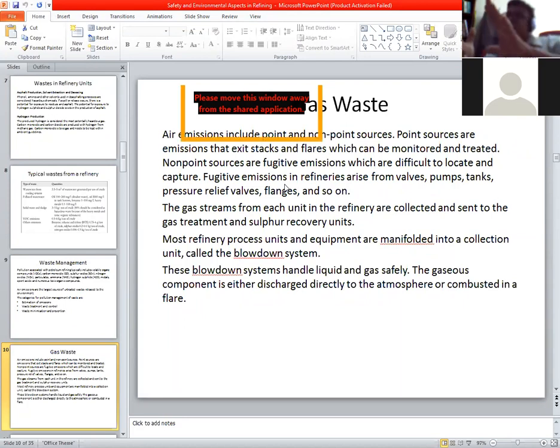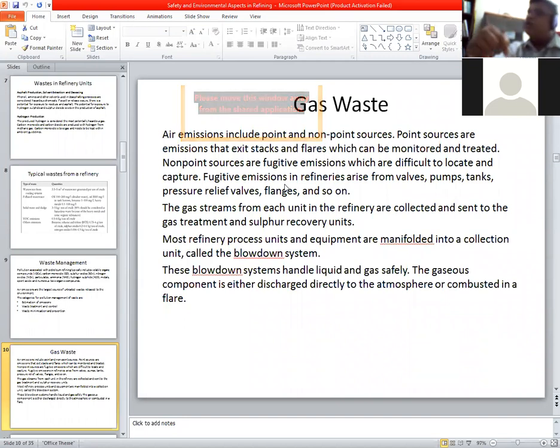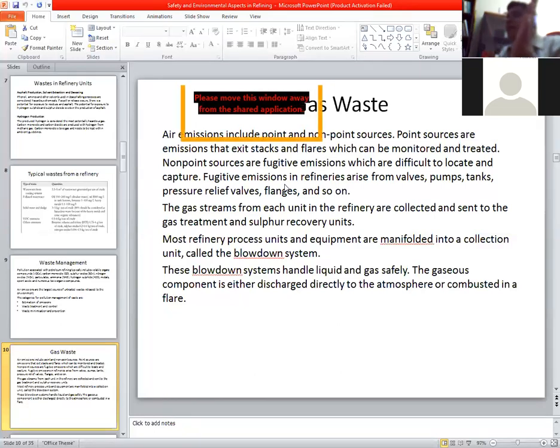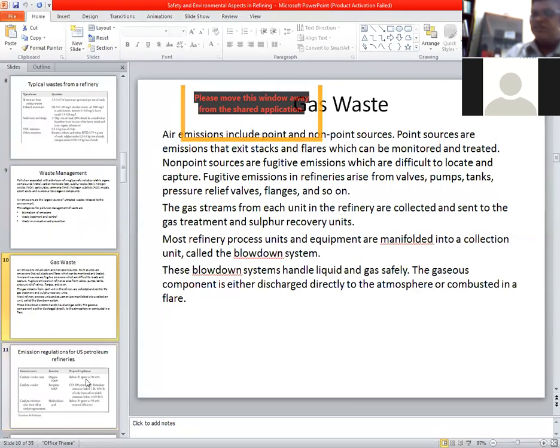After that, this hydrogen sulfide can be converted into a valuable product, but we should not allow the sulfur to remain in the crude oil treatment. This is not recommendable, because of this hydrogen sulfide and other complexities from these impurities, which you already know. Okay, so these are the gas wastes.